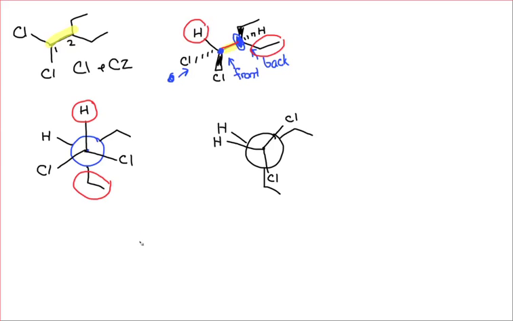Okay, so we have this structure where we have these ethyl chlorine eclipses.